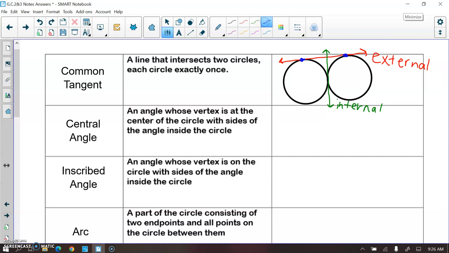So it intersects right here in both circles, but it goes in between the two circles.